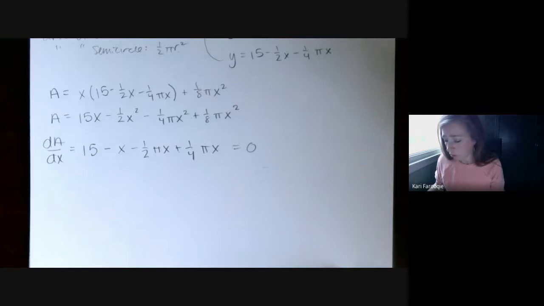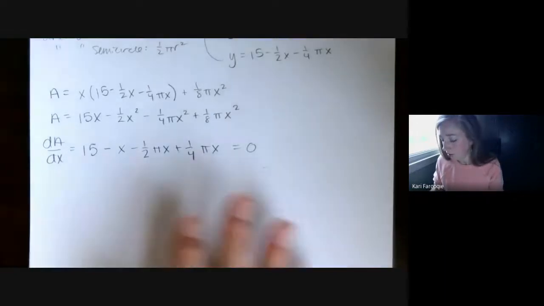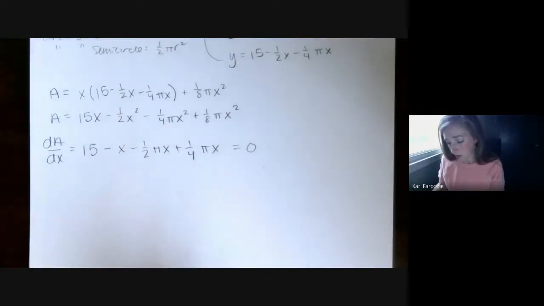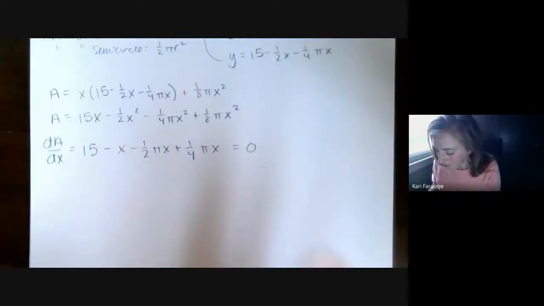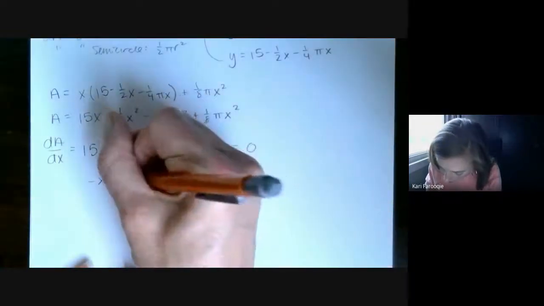So I'm going to move the 15 over to the other side, and then I'm going to factor out the x and combine all the coefficients. The order in which you do that does not matter to me. I'm just going to leave the x's on the left. Negative x. I'm going to do this in 2 steps.